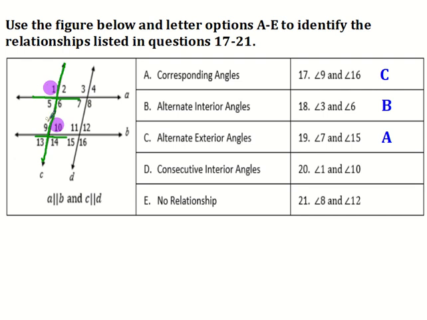I don't have anything that's one or the other. They're either alternate interior or alternate exterior. So my only other option in this case, especially because they're not in the same spot, is E, no relationship. We could find their values if we really needed to, but they have no specific relationship.